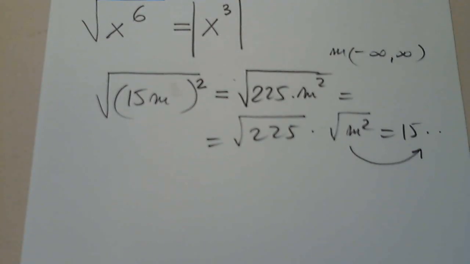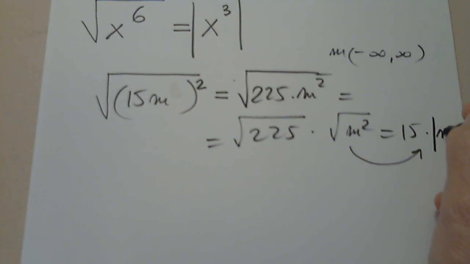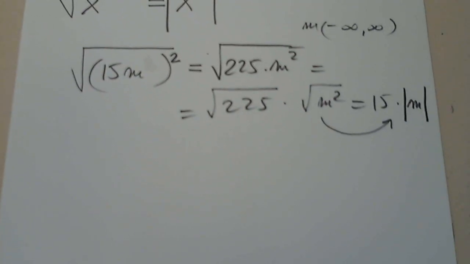How do I continue? To the first. The absolute value of m, because the answer could be negative. Is this okay? Yes, no, maybe.